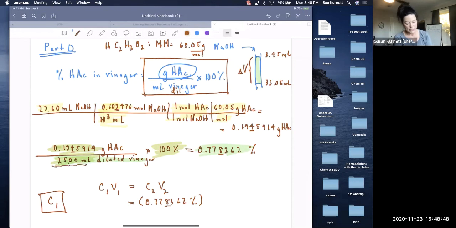But that was actually in 250 milliliters of solution. Sorry about this. This is confusing. What I started with was a 25 milliliter sample of the good stuff, the concentrated stuff. And then I made it dilute and figured out what the concentration was. Does that make sense?